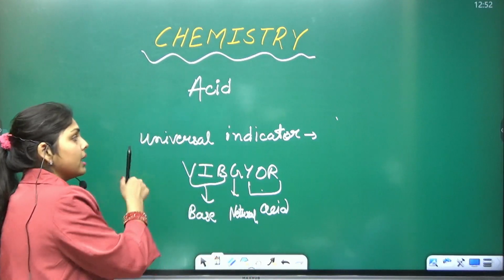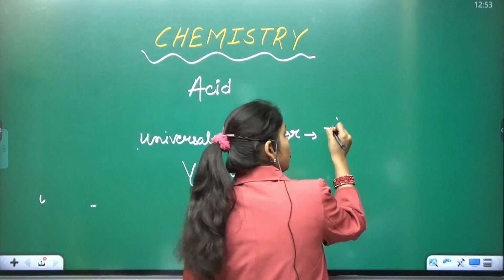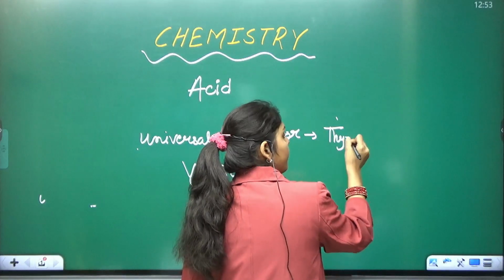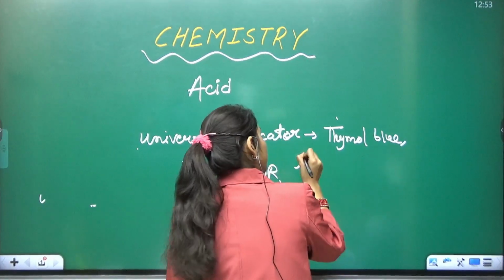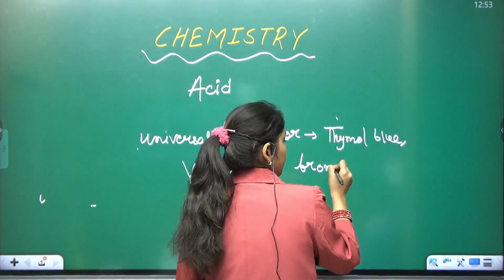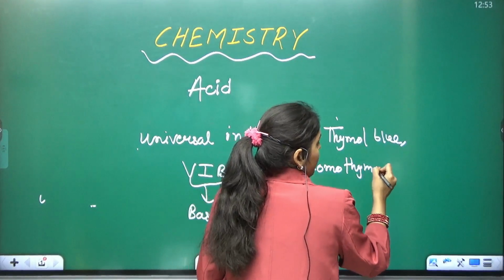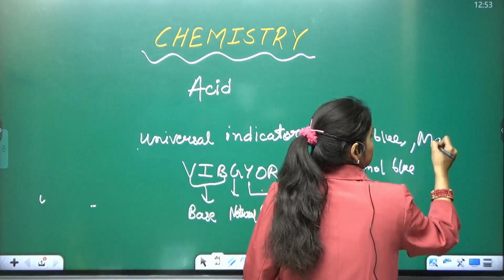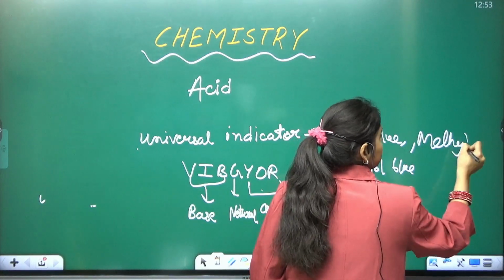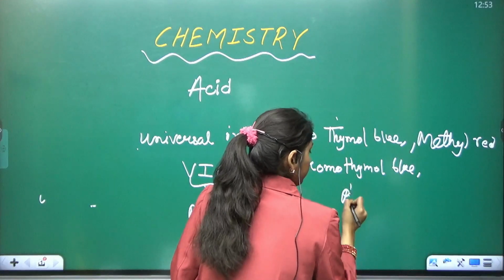Now we will talk about what universal indicator is made up of: thymol blue, bromothymol blue, methyl red, and phenolphthalein.